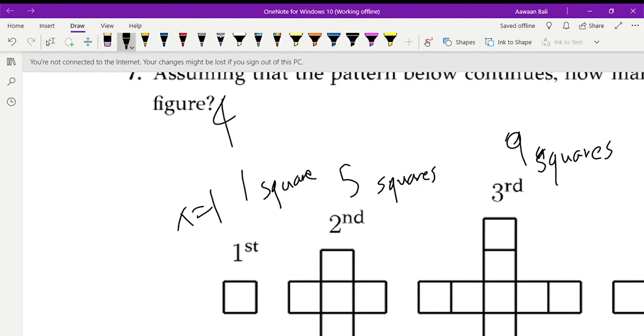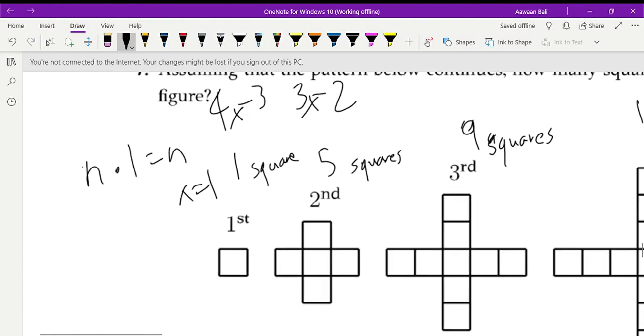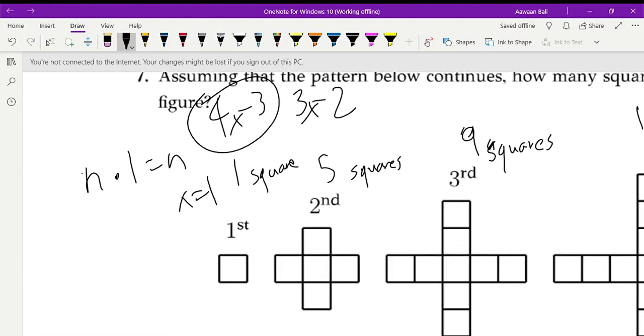So we can say 4 minus 3, 3 minus 2. In other words, we can just add an x there because x is 1, and anything times 1 is always itself. So that means that if we take 4x minus 3, because 4x minus 3 is the correct formula, but it takes some trial and error.